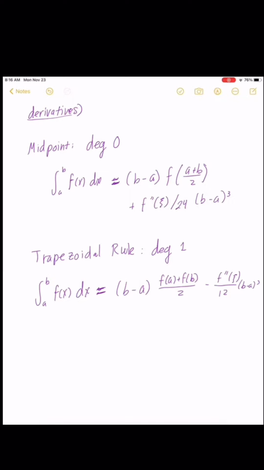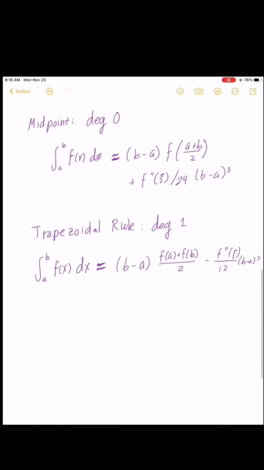So these rules that we have are called the basic quadrature rules. We're just talking about doing the rules over a single interval, which is the whole interval of integration. But obviously, as our intervals get smaller and smaller, our estimate's going to be better and better. That can be seen by the very presence of this b minus a cubed inside of our error.